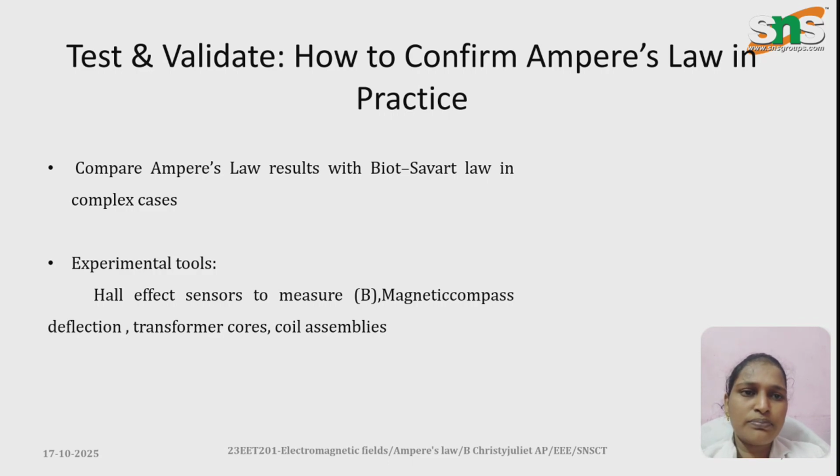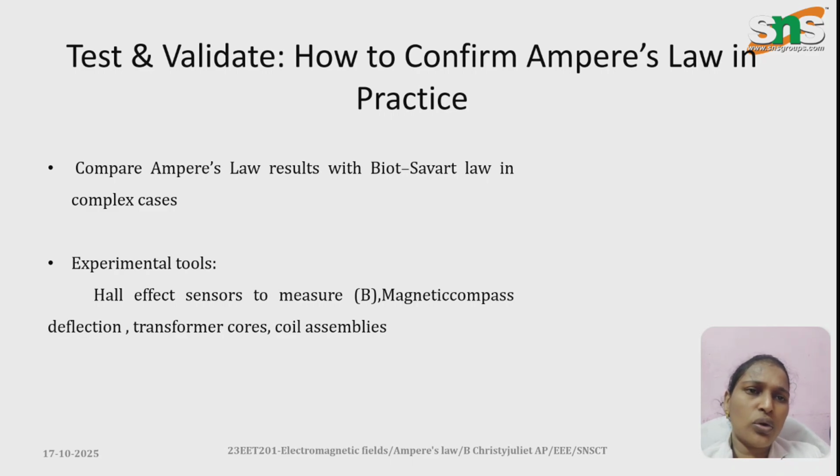Now we are going to test and validate Ampere's law in practice. We are going to compare Biot-Savart law and Ampere's law. We know that Biot-Savart law is for a differential current element, but Ampere's law is for a total volume. Both yield the same answers, but for complex cases it is very easy to apply Ampere's law rather than Biot-Savart law.